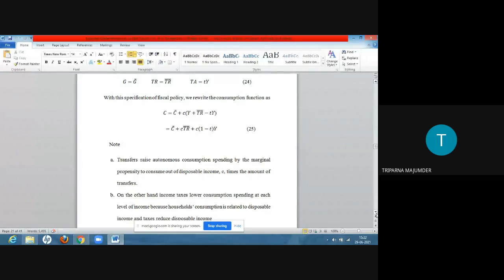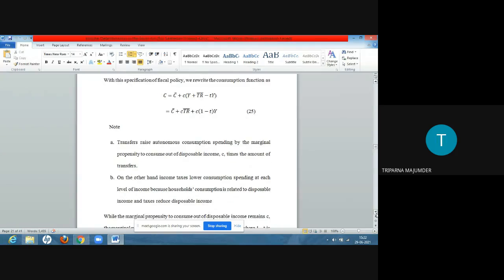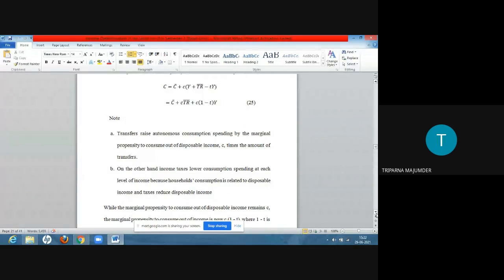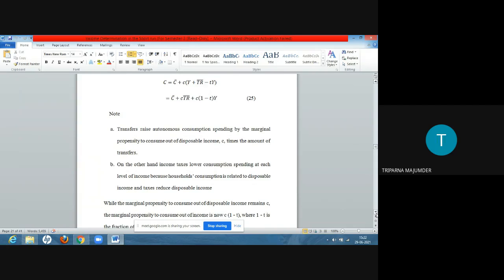First, transfers raise autonomous consumption spending by the marginal propensity to consume out of disposable income small c times the amount of transfers. On the other hand, income taxes lower consumption spending at each level of income because households' consumption is related to disposable income and taxes reduce disposable income.